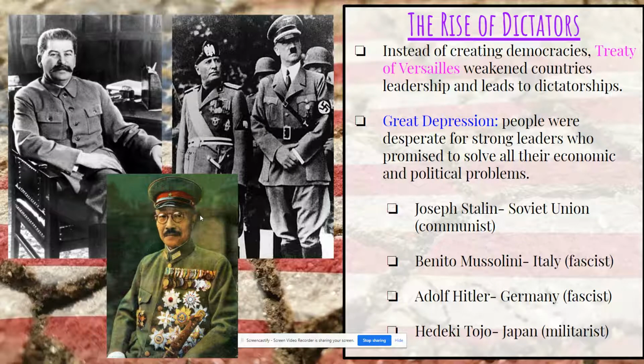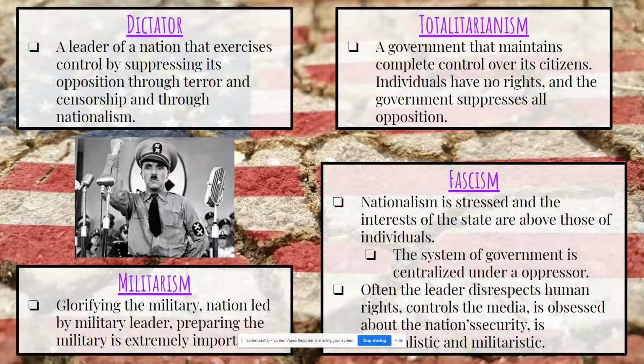So let's talk about the rise of dictators, because there are 4 you need to know. Rather than creating democracies, the Treaty of Versailles weakened countries and led to dictatorship. The 4 people you need to know are Joseph Stalin, Benito Mussolini, Adolf Hitler, and Hideki Tojo. There are key terms that you need to know.